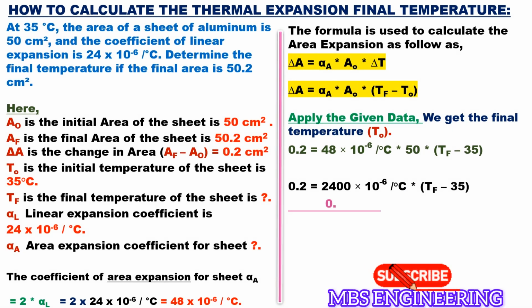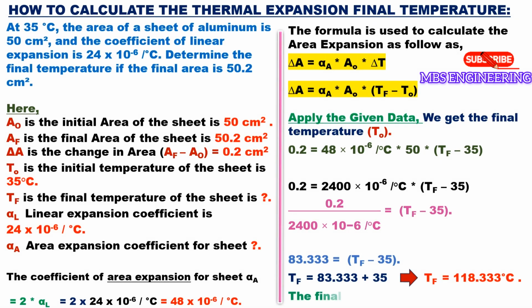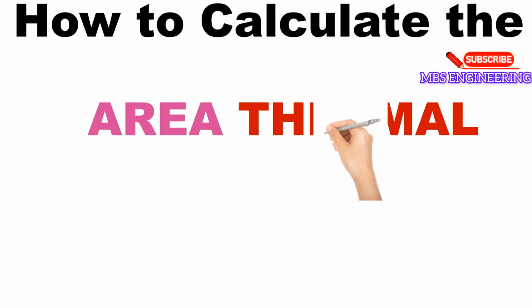Next, 0.2 divided by 2400 into 10 power minus 6 per degree Celsius is equal to TF minus 35. Next, 83.333 is equal to TF minus 35. Therefore, TF is equal to 83.333 plus 35. Therefore, TF is 118.333 degrees Celsius. Therefore, the final temperature TF is 118.333 degrees Celsius.